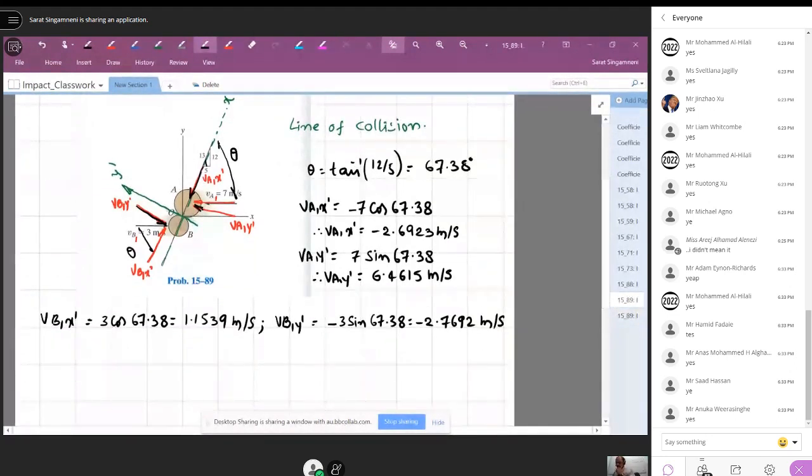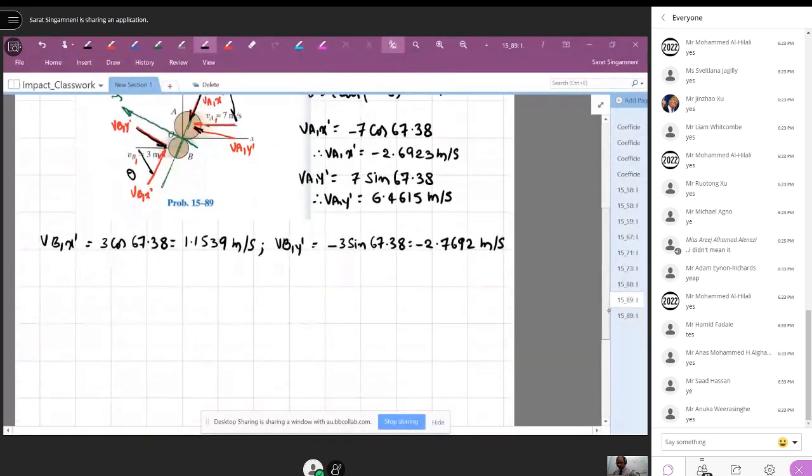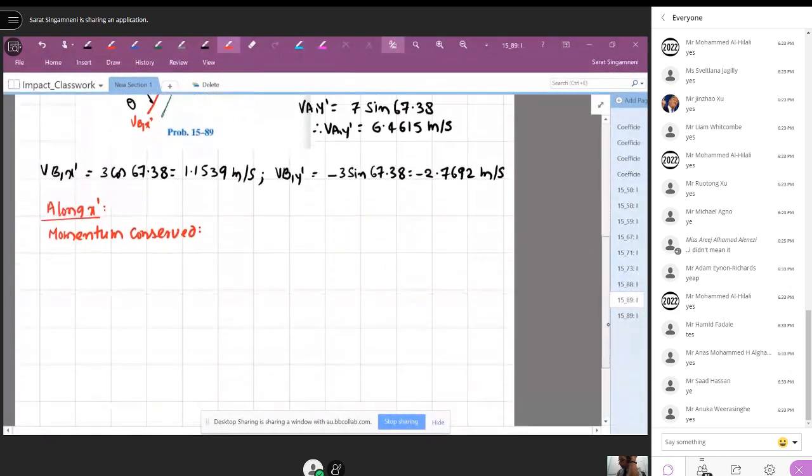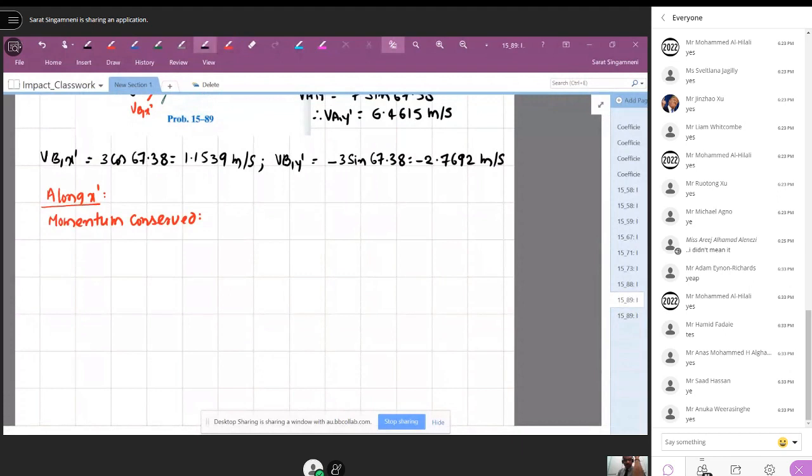What I'm doing: along x dash, the coefficient of restitution equation and principle of conservation of momentum are applied. Total momentum before equals total momentum after.